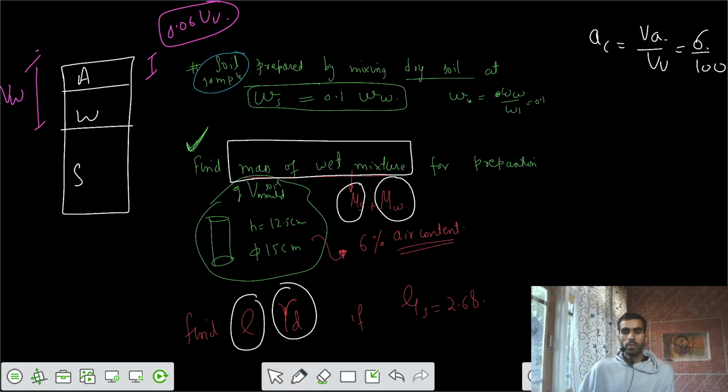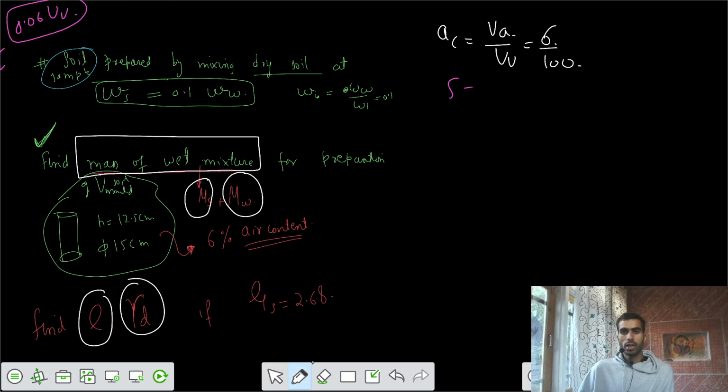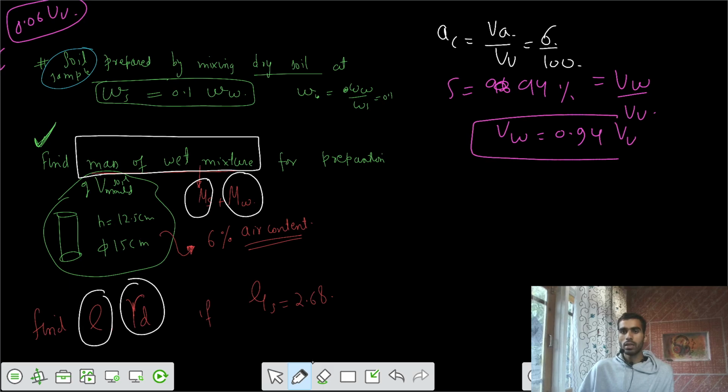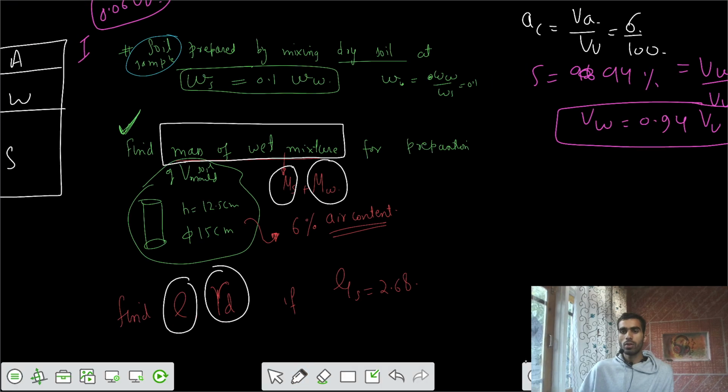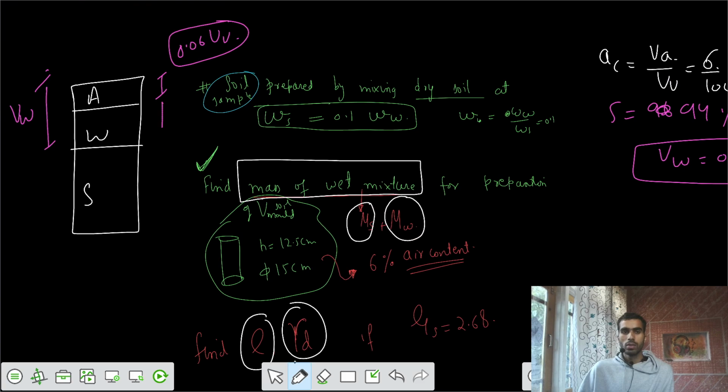By the concept of degree of saturation, that should be 94%, which is volume of water by volume of voids. So the volume of water equals 0.94 times the volume of voids.